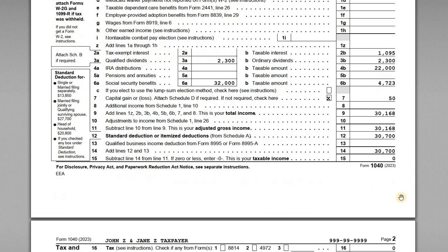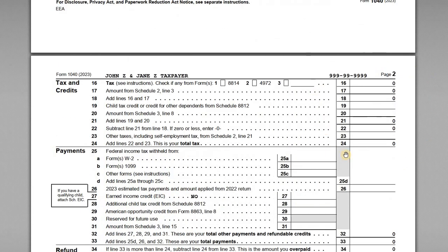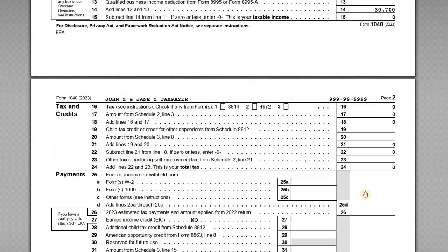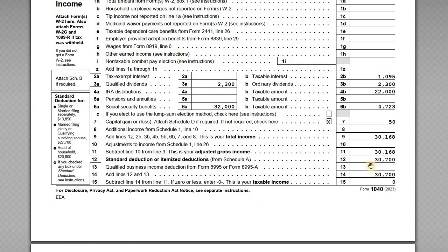So in this example, similar to the prior one, we have taxable income of 0 and tax of $0. So in this one, we have some technically taxable amount of Social Security benefits, right, the $4,723, but overall there still wasn't any tax imposed because our income fell below the standard deduction amount.